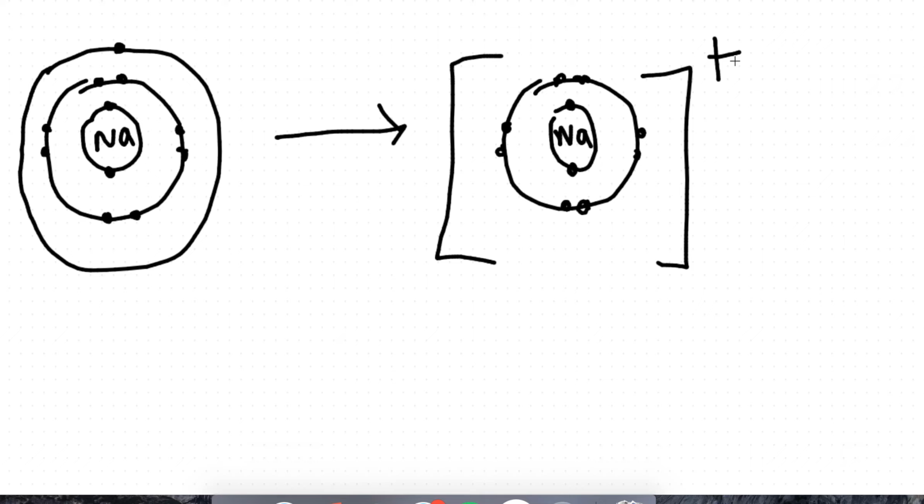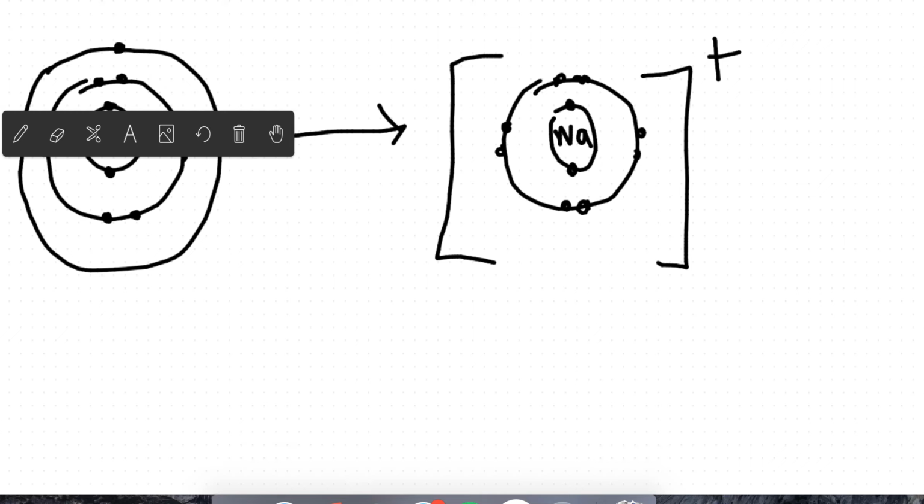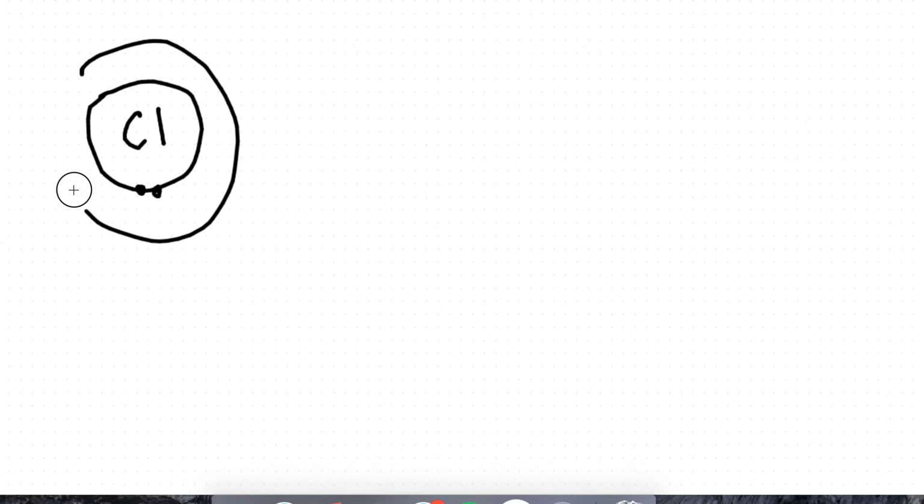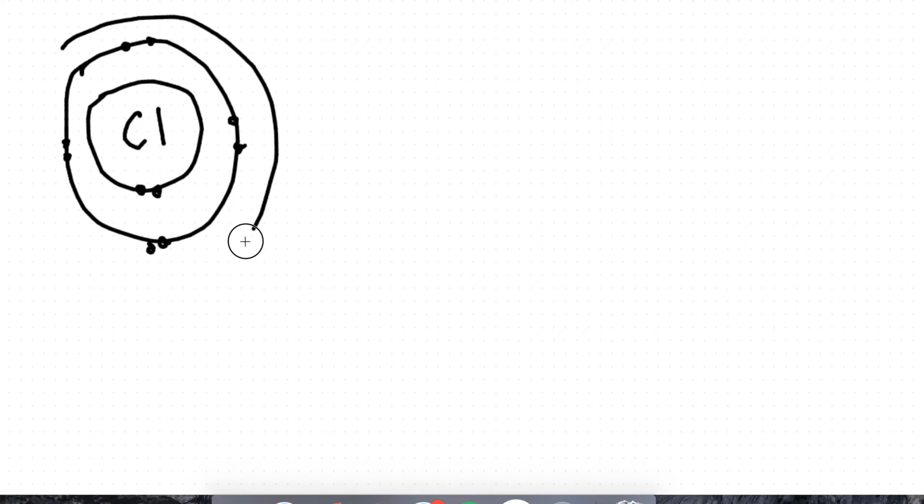Now, for chlorine on the other hand, chlorine as a molecule is 2.8.7. It becomes chloride ion.